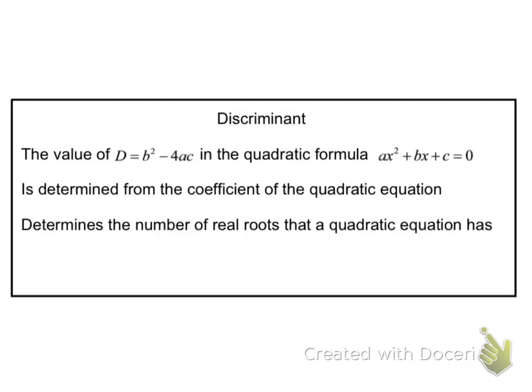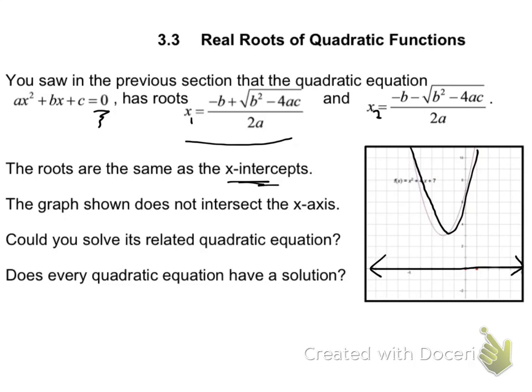Before we start looking at the examples, you have to know the definition of discriminant. The discriminant is the value of b squared minus 4ac. That comes from the quadratic formula. If you take a look at the quadratic formula, which is right up here, we see the part b squared minus 4ac.